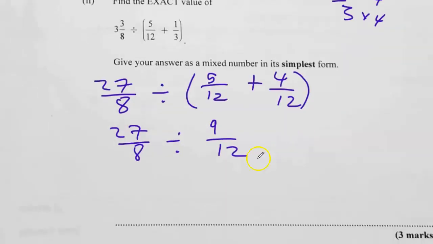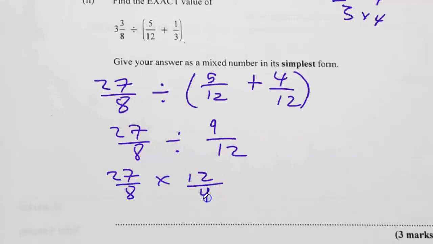So we can multiply and invert, so this is 27 over 8 times 12 over 9. Let's try to reduce this to its simplest form now. So 9 into itself, that's 1. 9 into 27, that's 3. 12 and 8, we can divide each of them by 4. 4 into 8, that's 2. 4 into 12, that's 3.